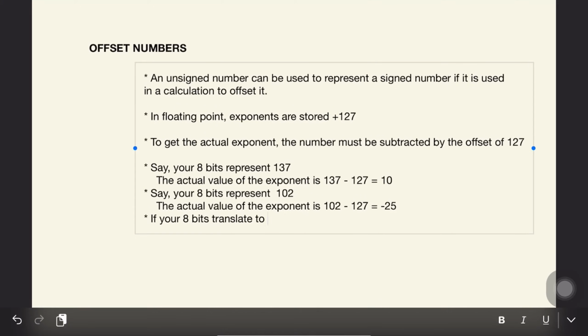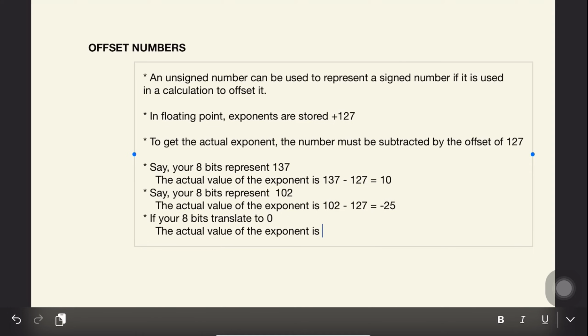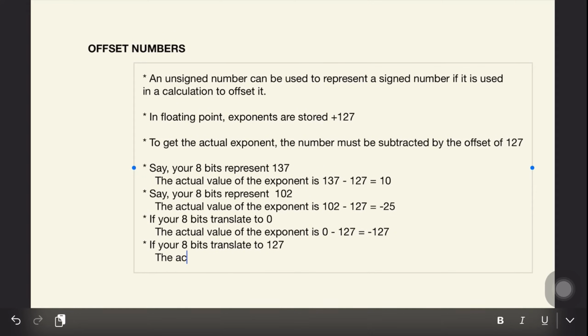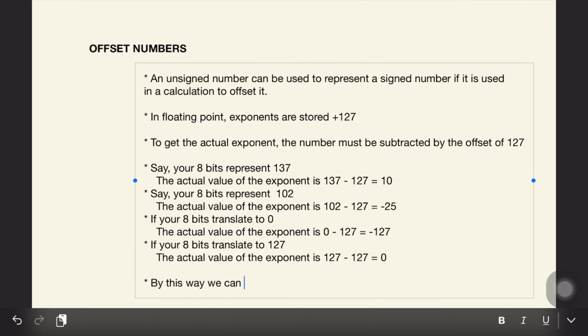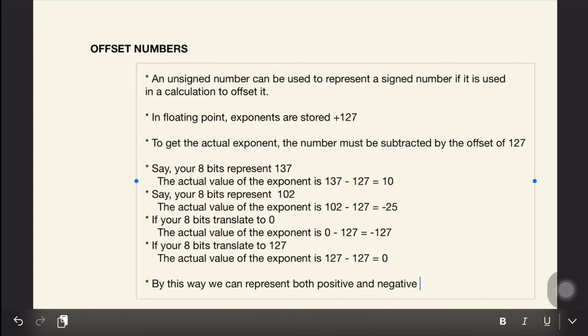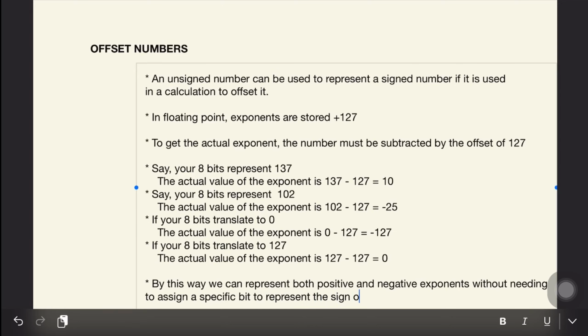If your 8 bits translate to 0, the actual value of the exponent then is 0 minus 127, which equals minus 127. If your 8 bits translate to 127 itself, the actual value of the exponent then is 127 minus 127, which equals 0. This way, we can represent both positive and negative exponents without needing to assign a specific bit to represent the sign of the exponent.